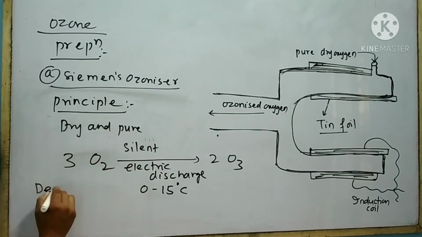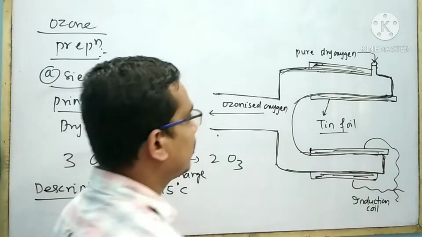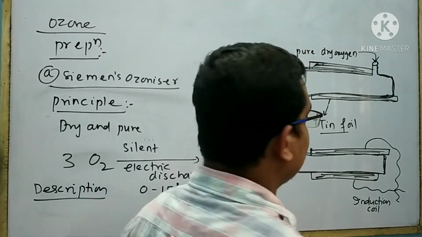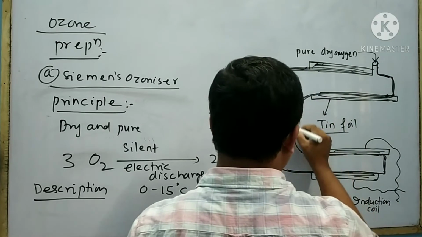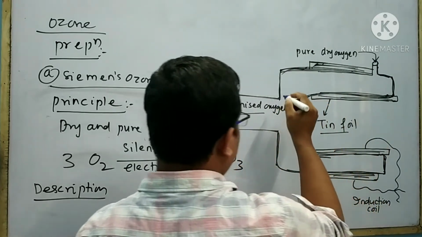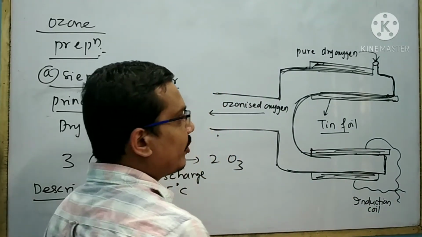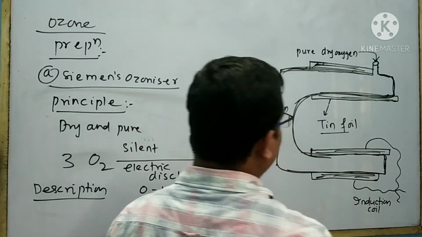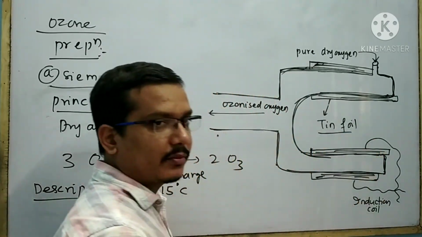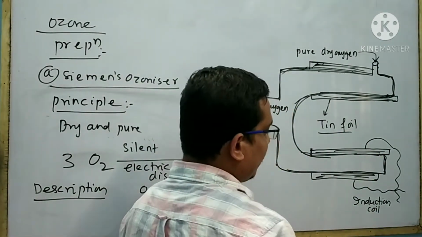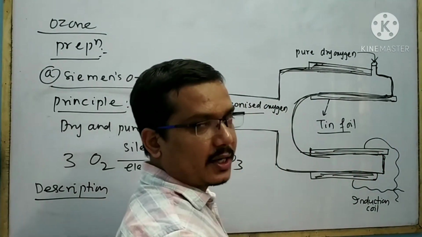Next I will explain the description of Siemens' ozonizer. The Siemens' ozonizer consists of two coaxial glass tubes, and the two glass tubes are fused together. The inner side of the inner tube and the outer side of the outer tube are coated with tin foil, which are connected to an induction coil which provides high voltage.